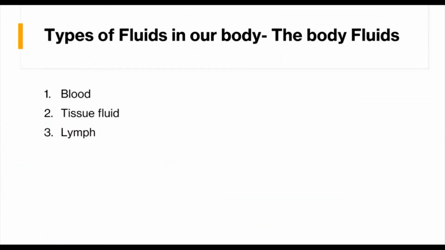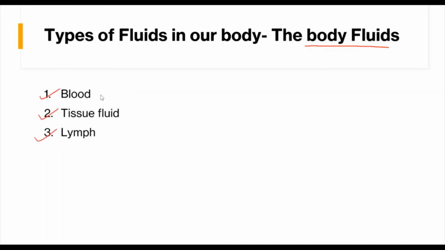Next is the various types of fluids that are found in human body and are a part of the circulatory system. These fluids are popularly known as the body fluids, and primarily there are three types of body fluids. First is blood, second is tissue fluid, and the third one is lymph.